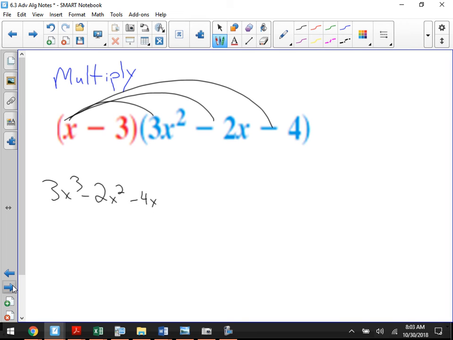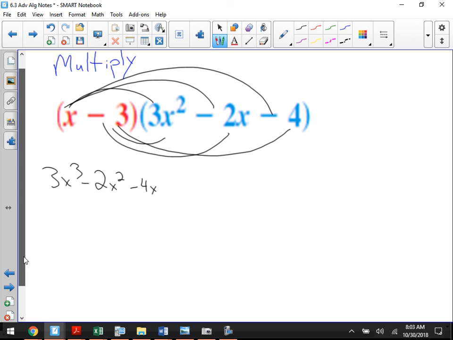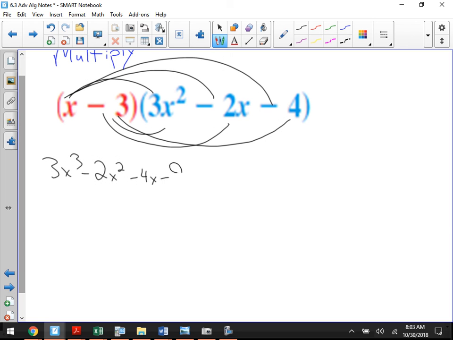And then draw the arrows going the other way with the other term. I know, this is the one day it's usually pretty quick. So you get negative 9x squared, positive 6x, and positive 12.